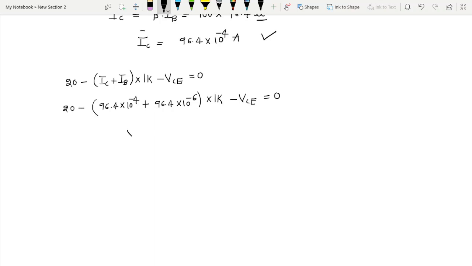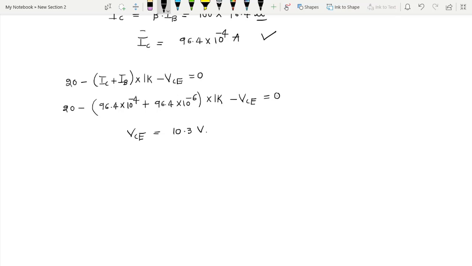By doing the simplification, you will get the output voltage VCE approximately equal to 10.3 volts. So the collector drop is 10.3 volts.